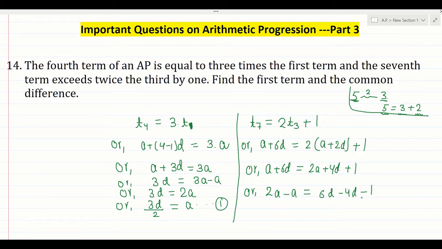I hope this is clear to you. Or A is equal to 2D minus 1. Let's suppose this as equation 2. Now we will solve equation 1 and equation 2 to get the values of A and D.